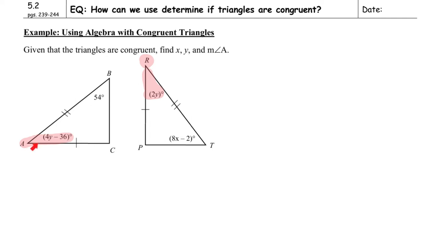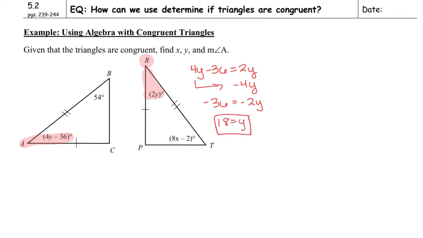Remember, if these two triangles are congruent, then these angle measures are equal. So that means I have 4y minus 36 is equal to 2y. I'm going to subtract the 4y and I get negative 36 is equal to negative 2y. Once you divide by negative 2, you get 18 for y.